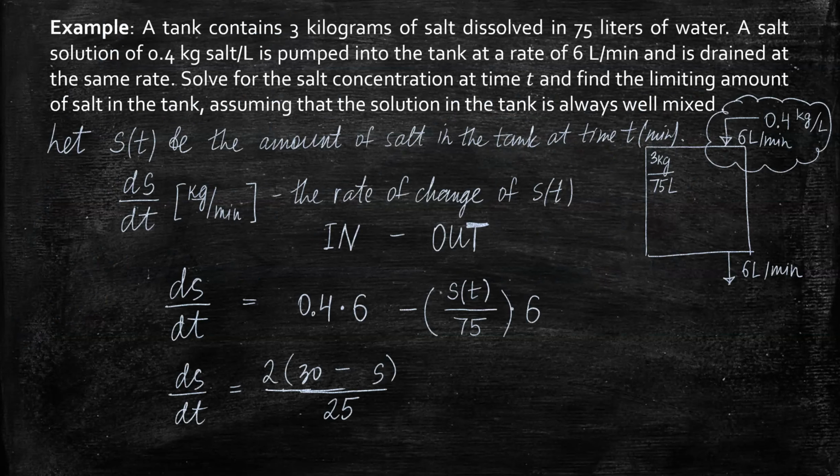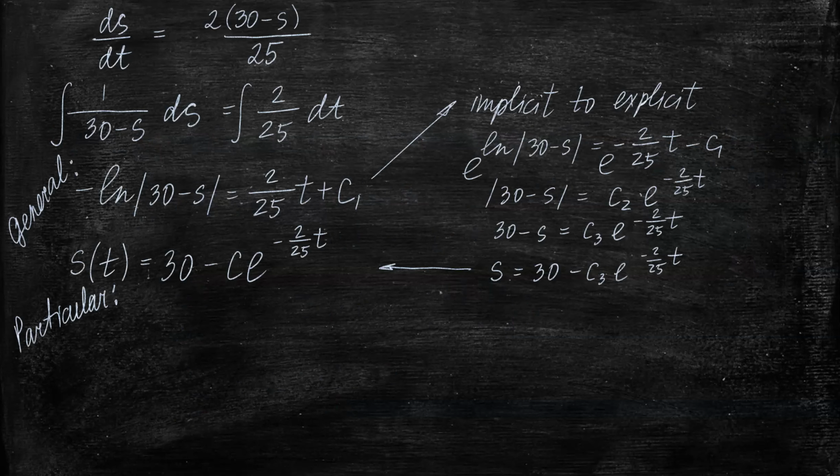Do we know anything about how much salt was there at any given time? And the answer is yes. Initially we had 3 kilograms of salt, so S of 0 is equal to 3. So to find c, we're going to use the initial condition, and we're going to replace t with 0.